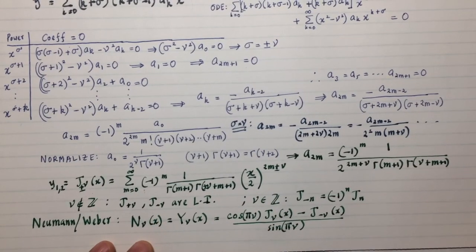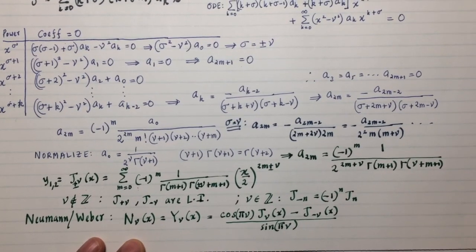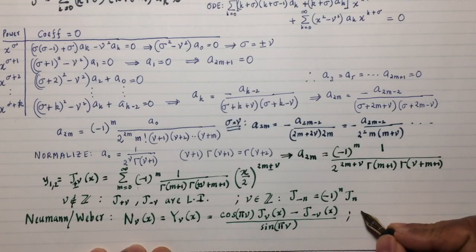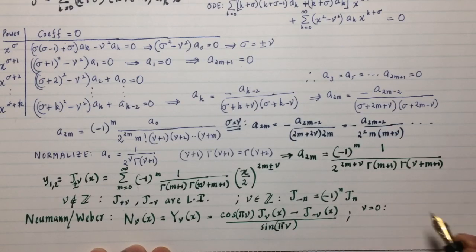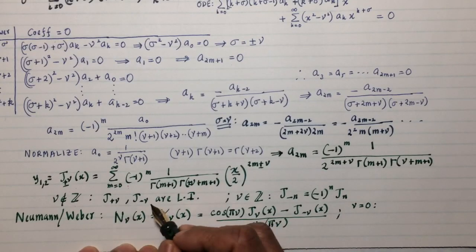It's another easy exercise to show that if nu is in fact not an integer, then writing it as a linear combination of j plus nu and j minus nu is the same as writing it as a linear combination of j nu and y nu. Also, if you want to find things like nu equal to 0, observe that for nu equal to 0, that's a special case because plus nu and minus nu make no sense.